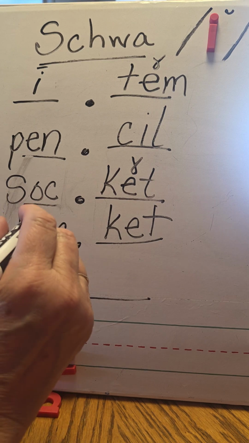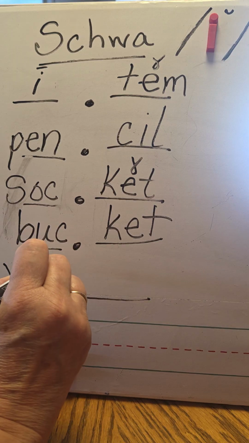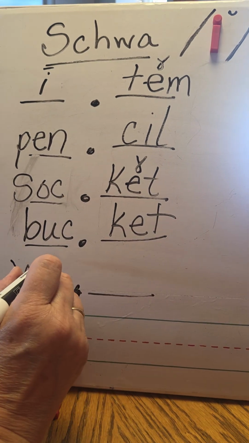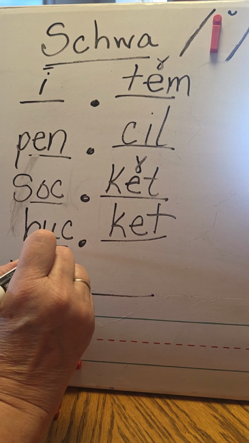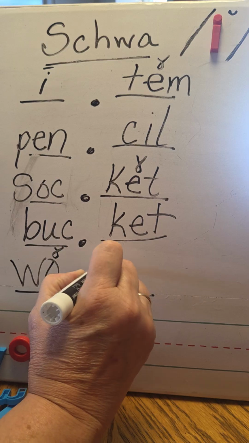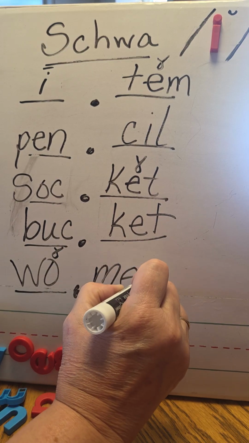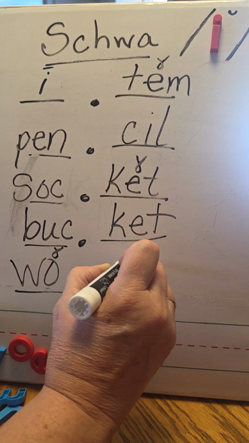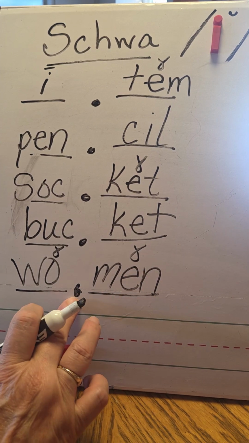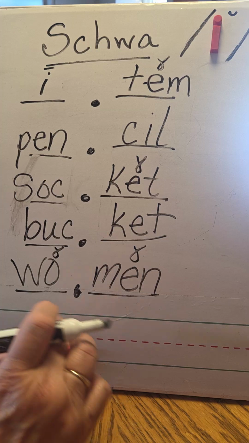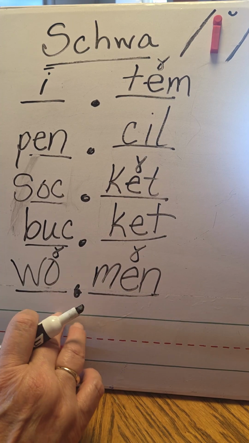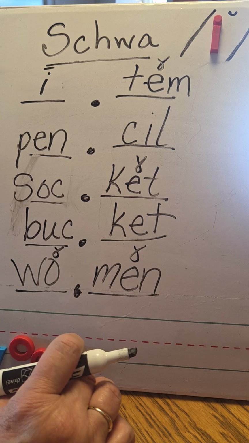How about this one? Hey, that's a schwa. That's making the U sound. Schwa. Woman. And this is a schwa sound. The E is making the I sound, and this is making the U sound. Woman. So these two syllables don't follow the rules, do they? No.